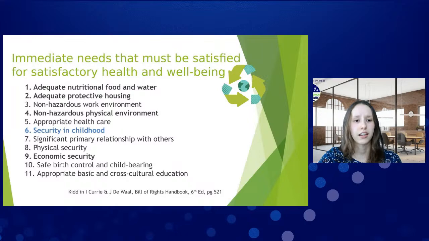As listed on the slide there, you can see I highlighted adequate nutritional food and water, adequate protective housing, a non-hazardous physical environment and economic security, but most importantly is security in childhood, and probably I would say economic security as well. And that directly ties into the idea of maintenance, and how maintenance is crucial to sustain the health and well-being of children.